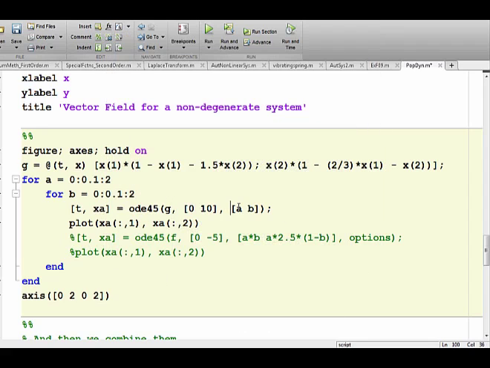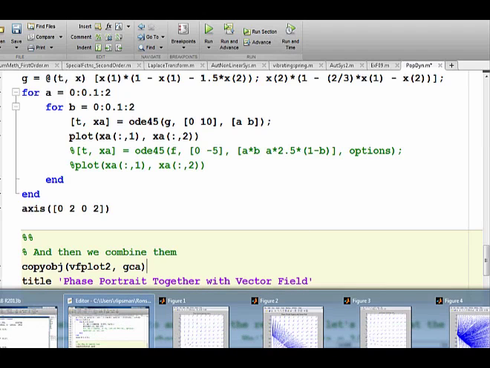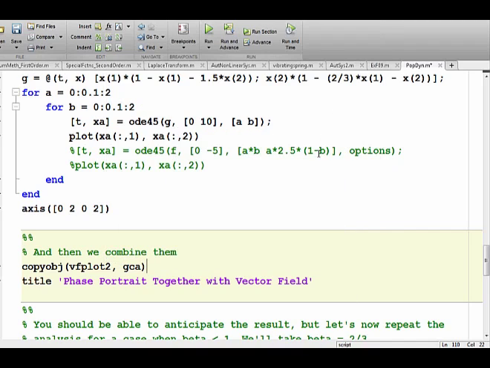And incidentally, there's a little bit of extra code here where I had drawn the curves for negative values of time, but it really didn't do anything for the picture, so I commented them out. Let's combine the two, the phase portrait and the vector field. And if we do that, there it is. So this is again partly a doomsday model. As soon as you have positive populations, x dies out and y converges to its logistic point.